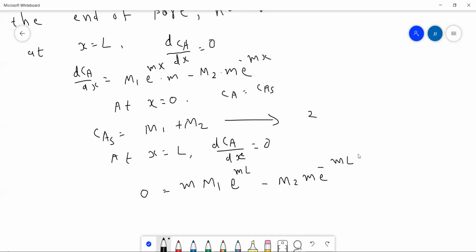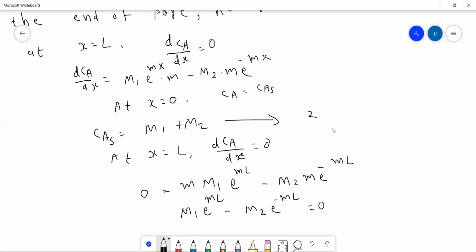You can take m common, and transferring to the left-hand side, m becomes 0. So this equation becomes m1 e raised to mL minus m2 e raised to minus mL is equal to 0.